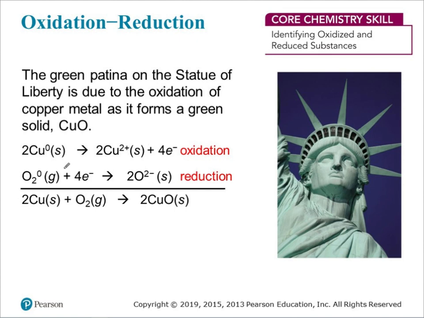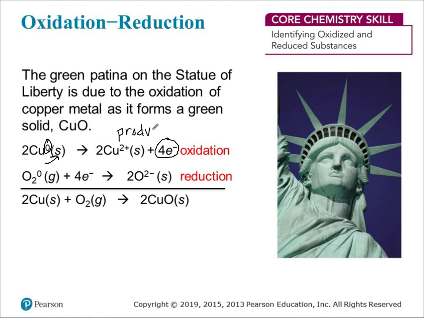If you'll notice, we have the solid metal on one side, the copper. You know that it's a solid metal because there's this S here for solid, and there's a 0 for charge, so it is a neutral atom. You are losing electrons. This is the product side.